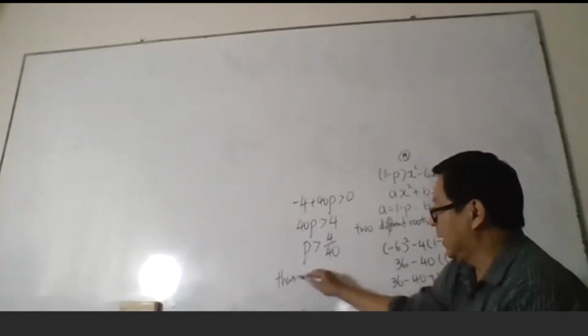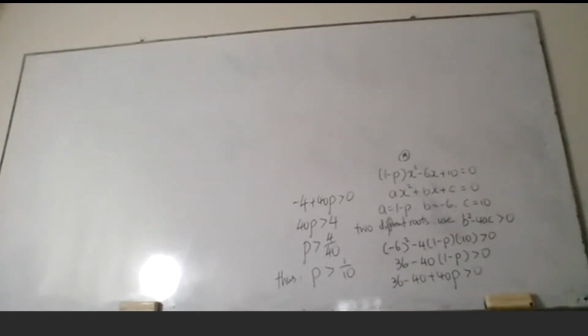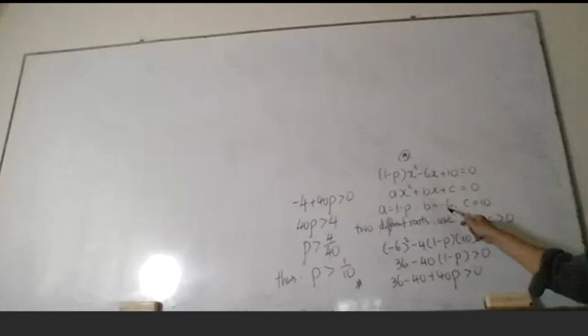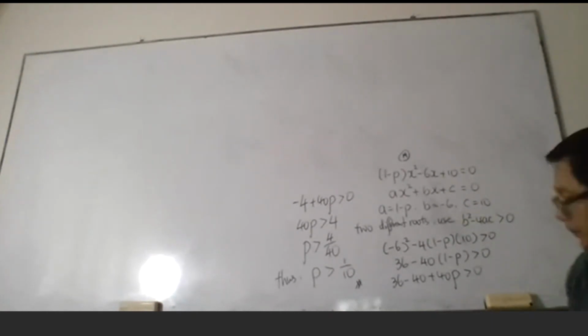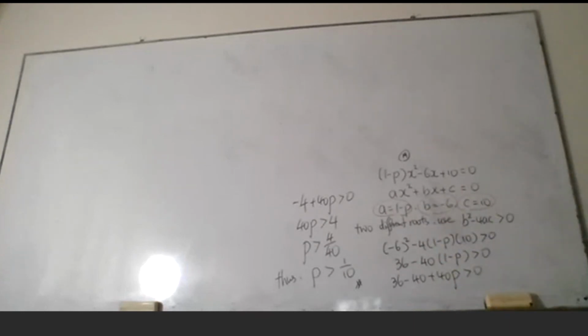Finally, your answer will be p more than 1 over 10. So determine the values of a, b, and c. For different roots or distinct roots, we use more than 0 for the solution.